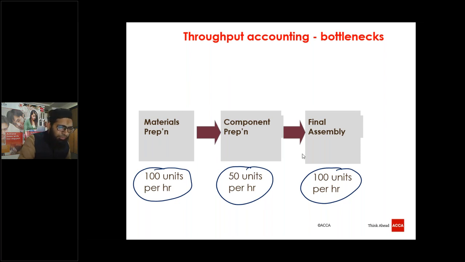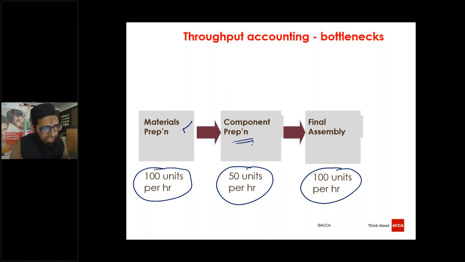This is because the component preparation can only produce 50 units. So even if we are able to produce 100 units in an hour, I can further process only 50 units in component preparation.